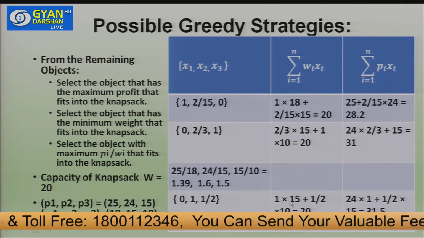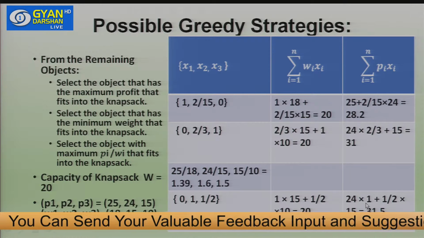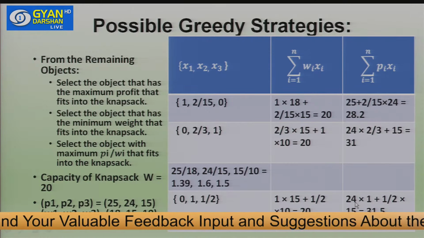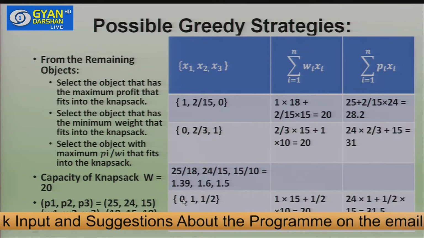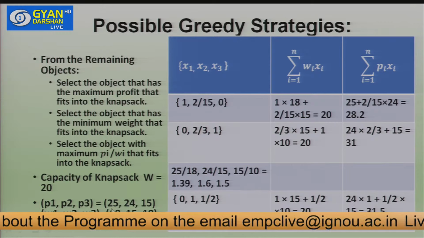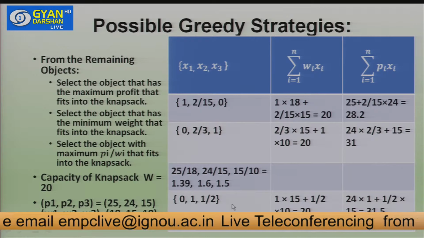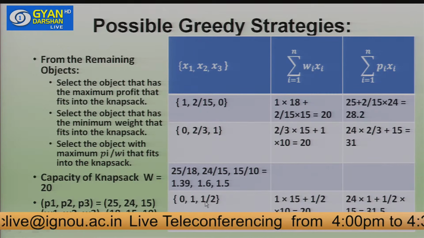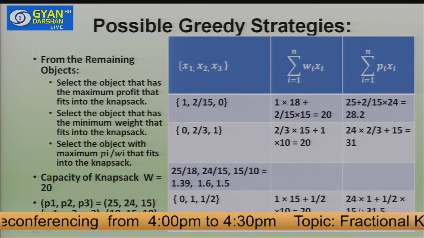Which becomes 5. So this is the total weight, and what do you get as profit in this case? The first object has not been filled up at all, but the second object has been taken completely, so it is 24 into 1, plus 1 by 2, half, because we have taken only half of the third object, and the profit of the third object is 15.